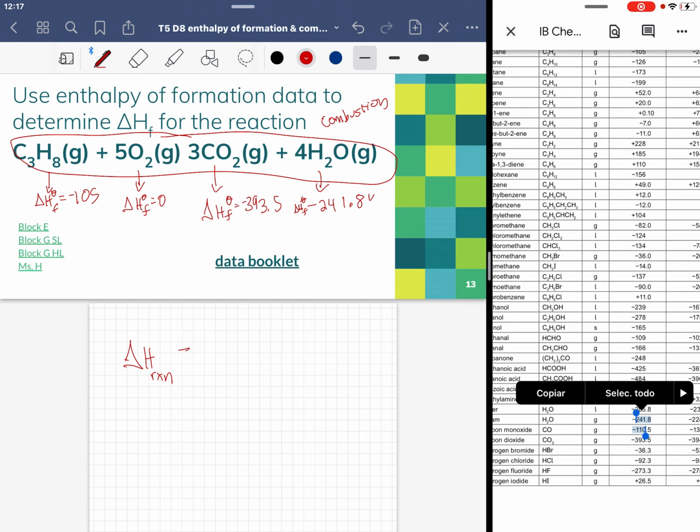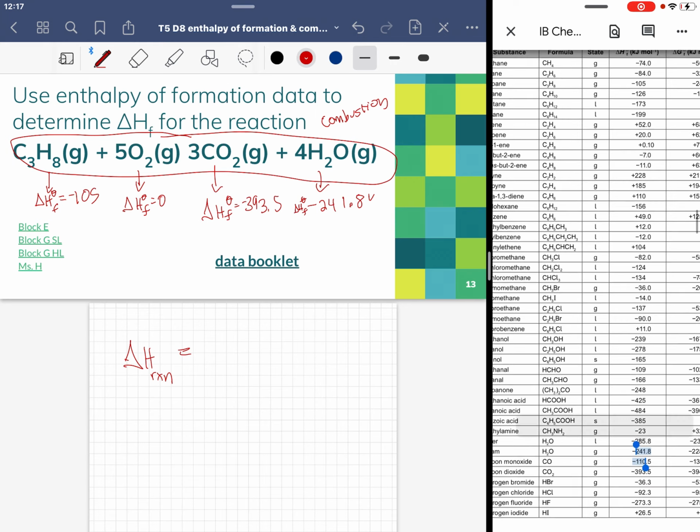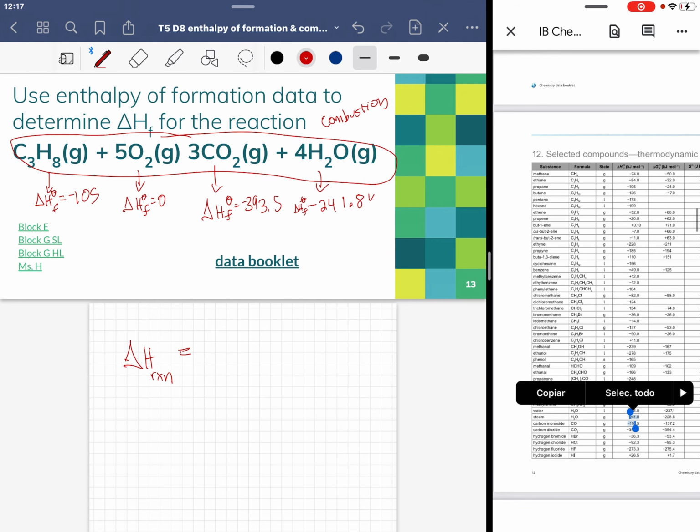Again, it's a combustion reaction, but that doesn't really matter because I'm using formation data in order to theoretically find the enthalpy change for this reaction. Of course, I could also use Q equals mc delta T. I could also do this experimentally and then compare with formation data, compare with bond enthalpy data.